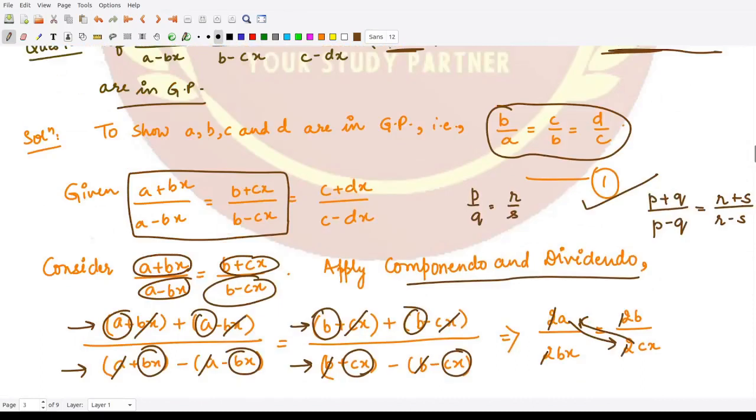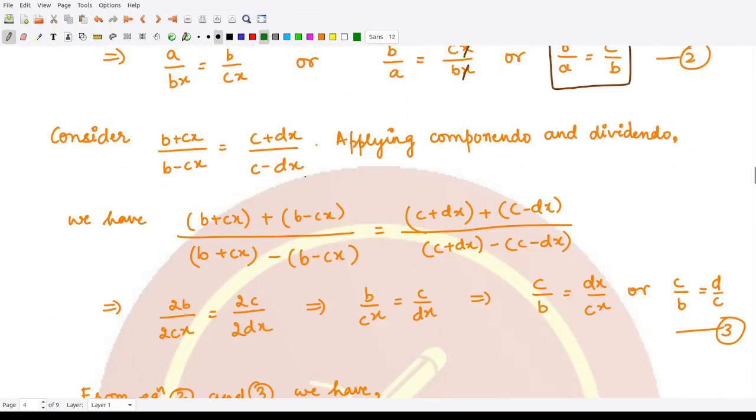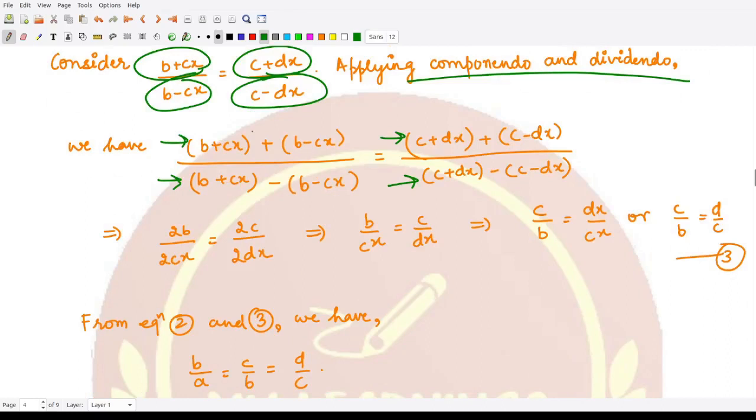Now we can take the second part of this equality from equation 1. Here also we can apply componendo and dividendo. You add these two quantities here and subtract them here, then add them here and subtract them here. In this case cx cancels, b and b cancel, dx and dx cancel, c and c cancel.